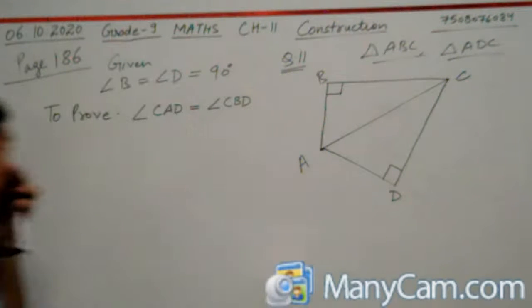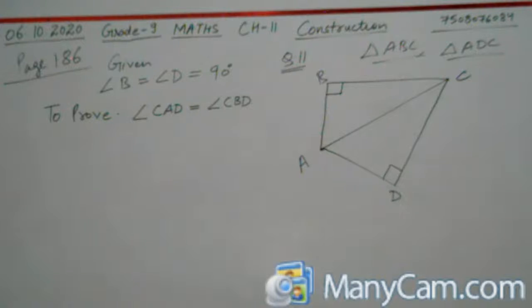We have AC as a common hypotenuse, and one triangle is ABC and the other is ADC, these two triangles.